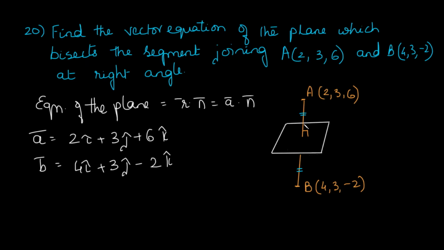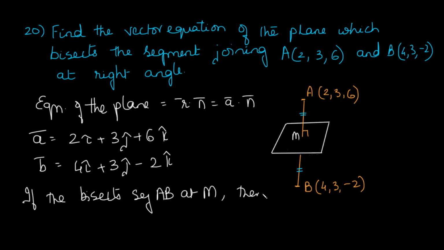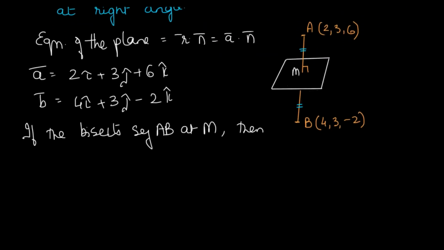Suppose the plane bisects segment AB at point M. So if the plane bisects segment AB at M, then M is the midpoint of segment AB and M also lies on the plane.